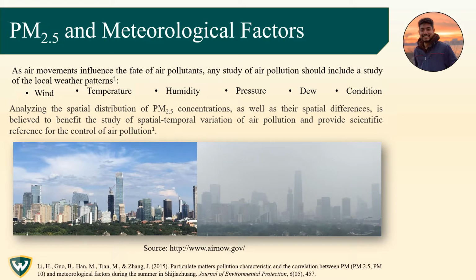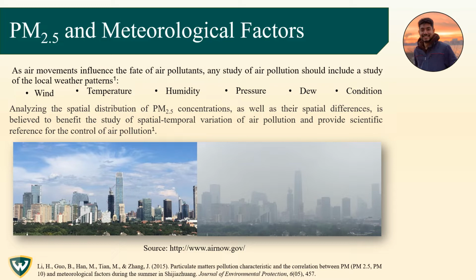Literature has shown meteorological conditions can largely diffuse, dilute, and accumulate pollutants. Thus, PM2.5 mass concentration is mainly due to meteorological conditions. As air movement influences the fate of air pollutants, any study of air pollution should include a study of local weather patterns, such as wind, temperature, humidity, pressure, dew point, and other weather conditions.